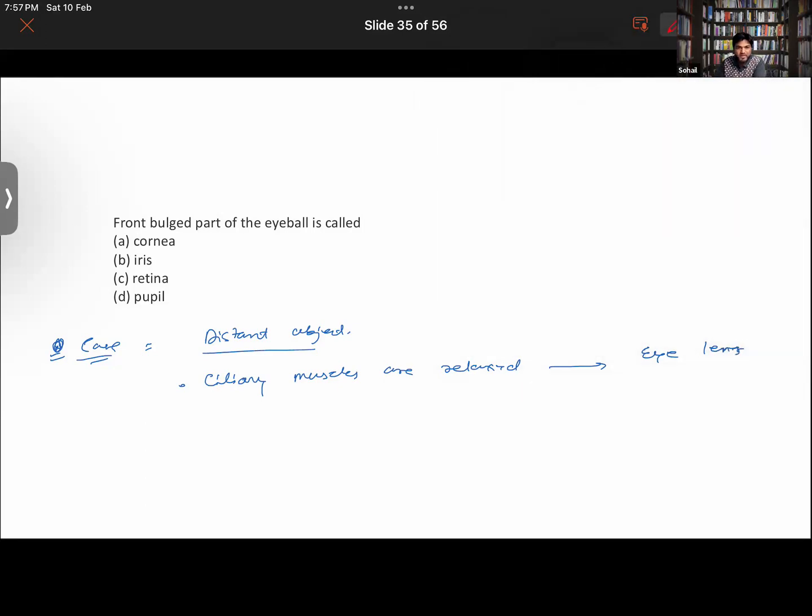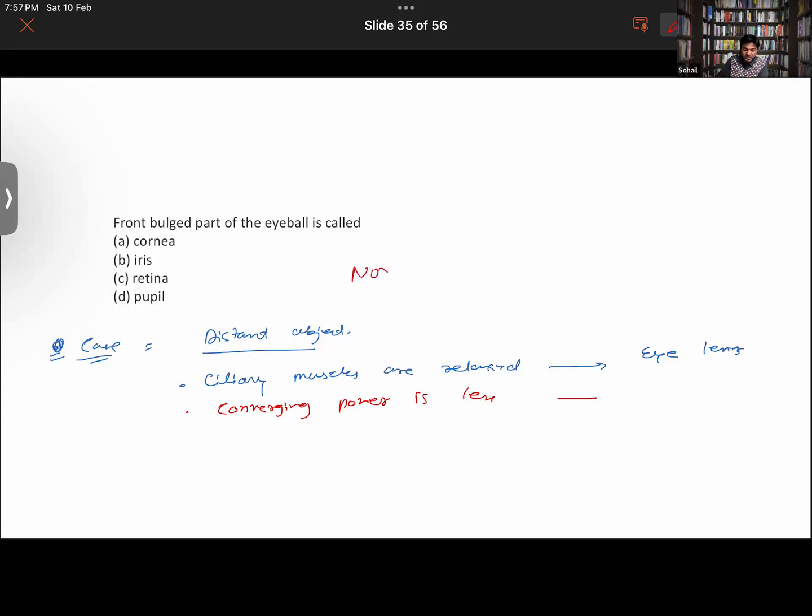So the second thing you have to say here is that converging power is less. The thin eye lens will have lesser converging power, and that is actually sufficient to converge the light rays coming from a very distant object to form its image on the retina. I am talking about the normal eye.